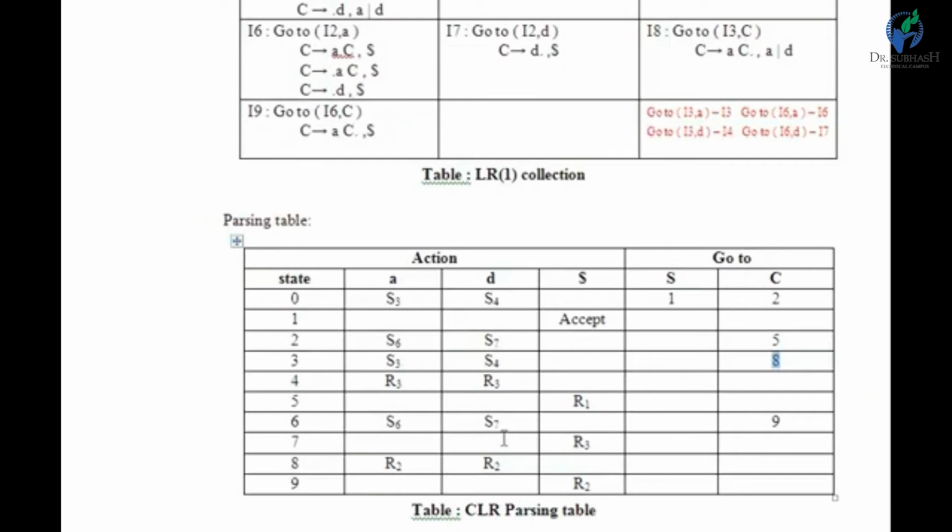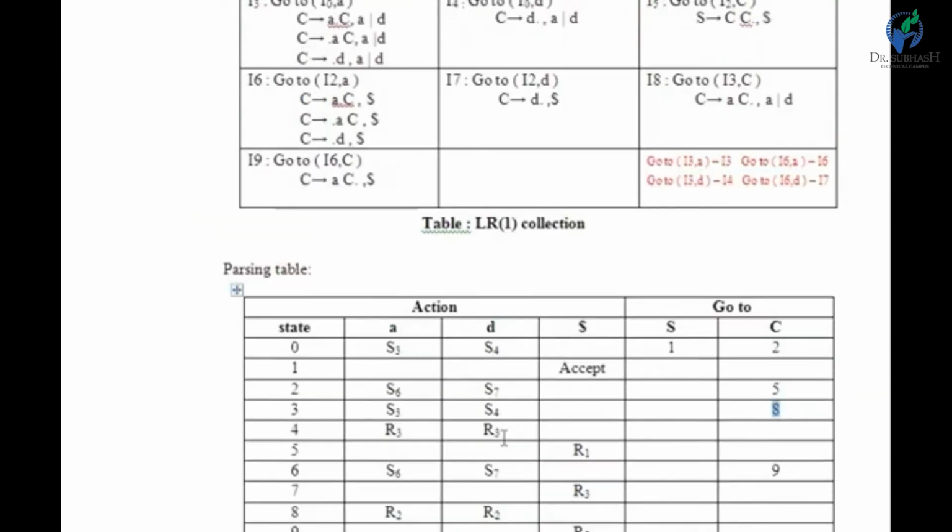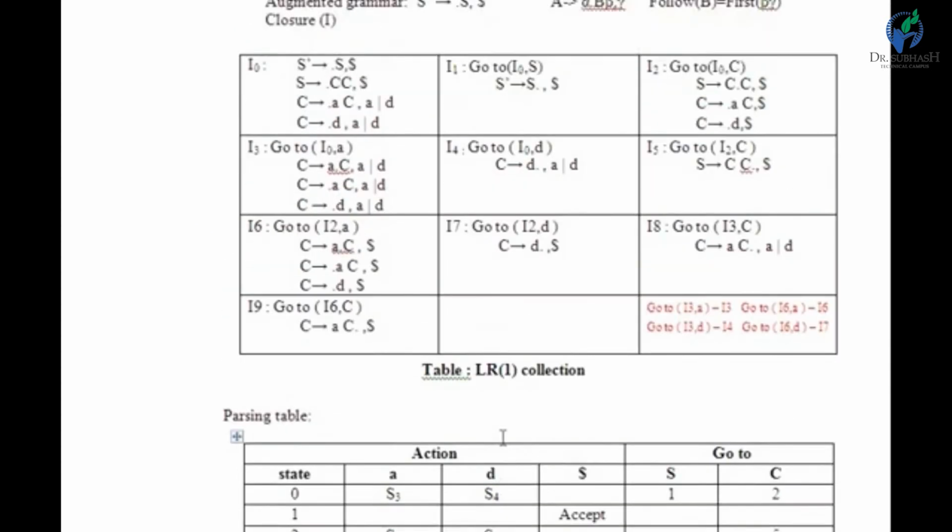Now for reduce entries, check the complete productions. Your complete production is in the first state, but it's the augmented grammar, so state 1 on dollar is accept. Then another complete production is I4. C gives D dot.